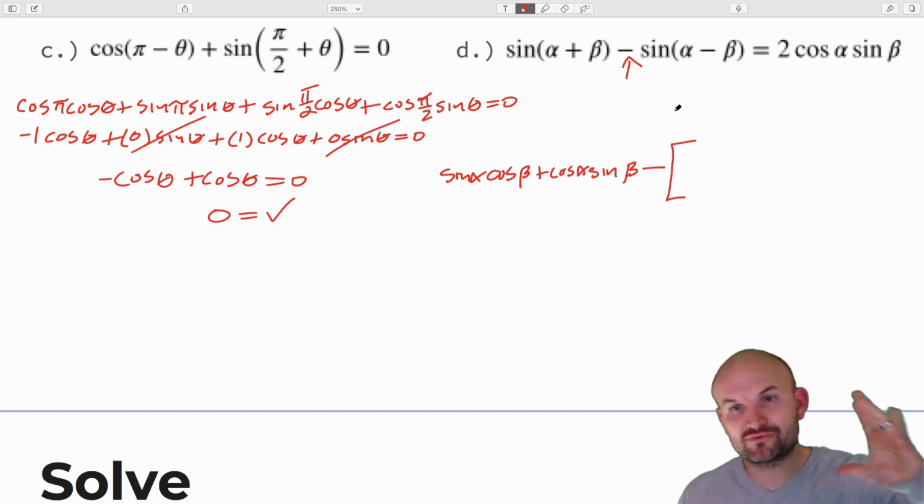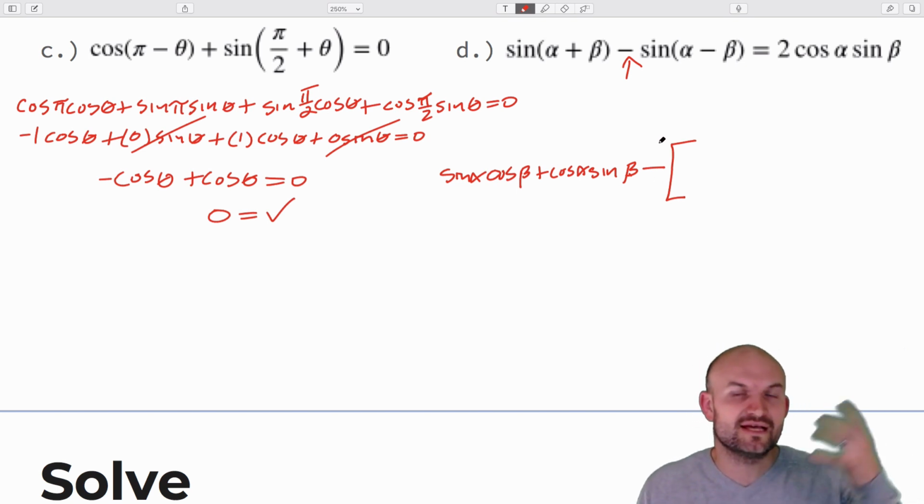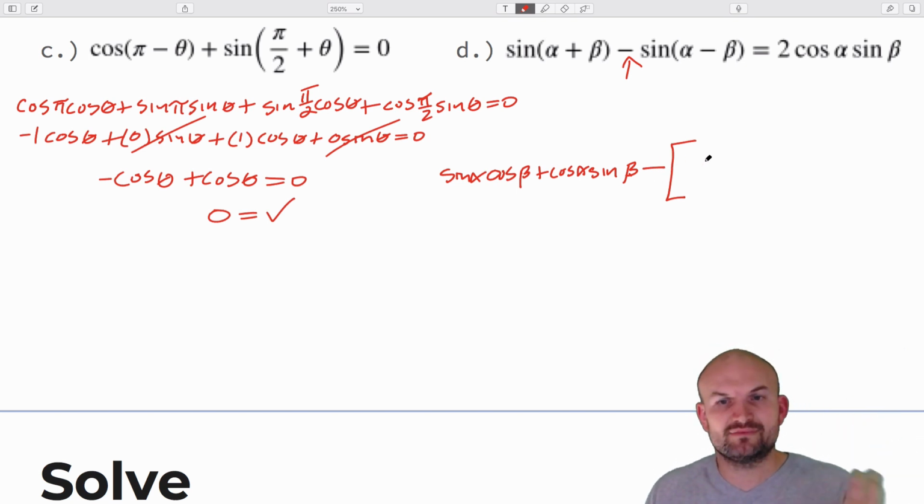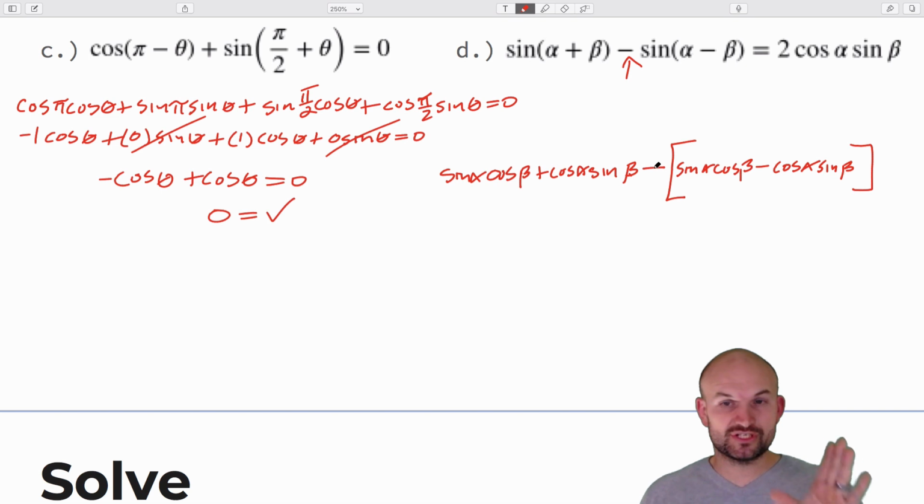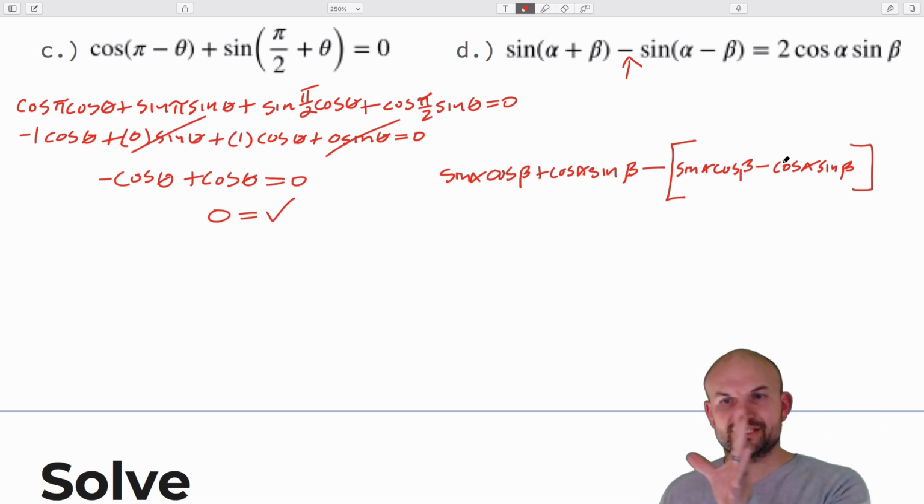So students, remember this, because if you don't include brackets, students will forget to subtract both expressions. So in this case, now I'm going to have sine of alpha cosine of beta minus cosine of alpha sine of beta. What students do is they'll subtract this, but they'll forget to subtract that.